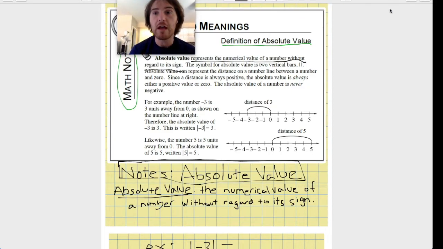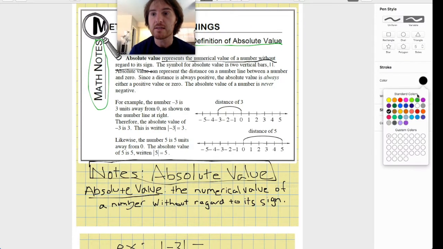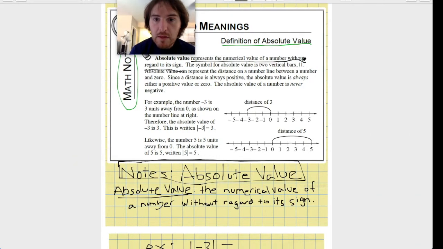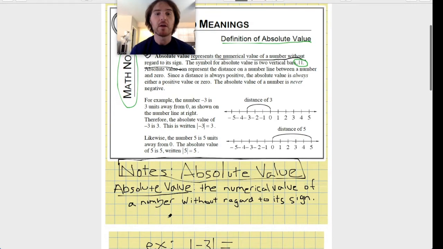Okay, so what you need to be on the lookout for with absolute values is this symbol right here, the vertical bars. The symbol for absolute value is 2 vertical bars. I'm going to put a variable in here, this is x. X can be referred to as a variable, which just represents any number. Any number that we're aware of, we could drop in for x here.